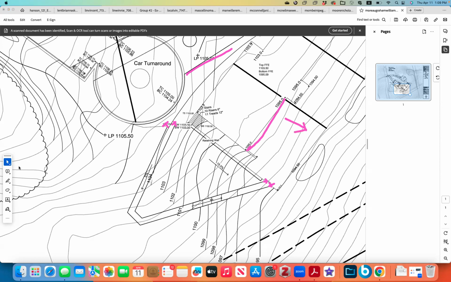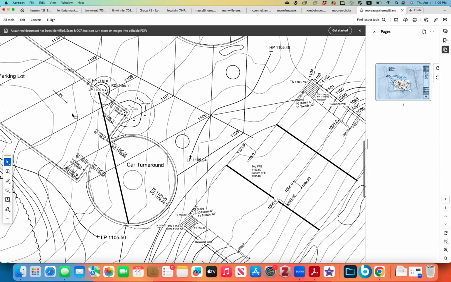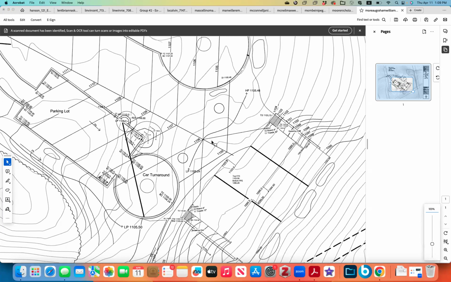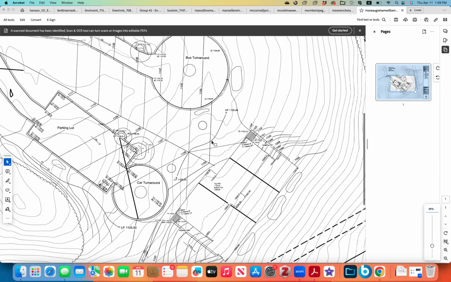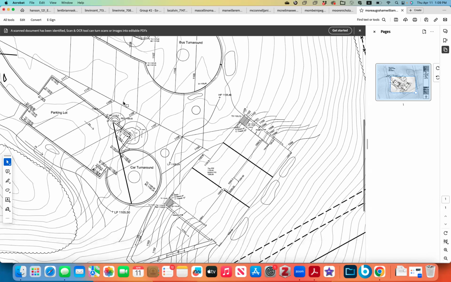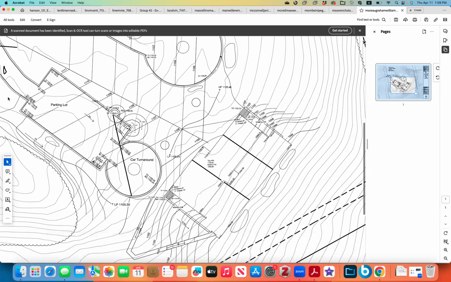And while I'm seeing that, I am a little concerned about the contours here on the plaza. Yeah, this 105 is not correct. And your 106 being here, your 105, that should be a 106.